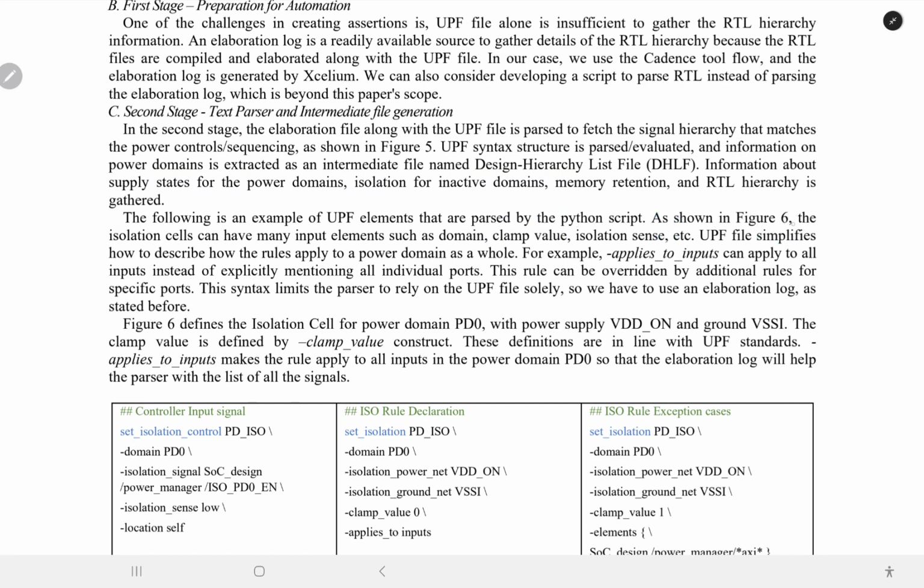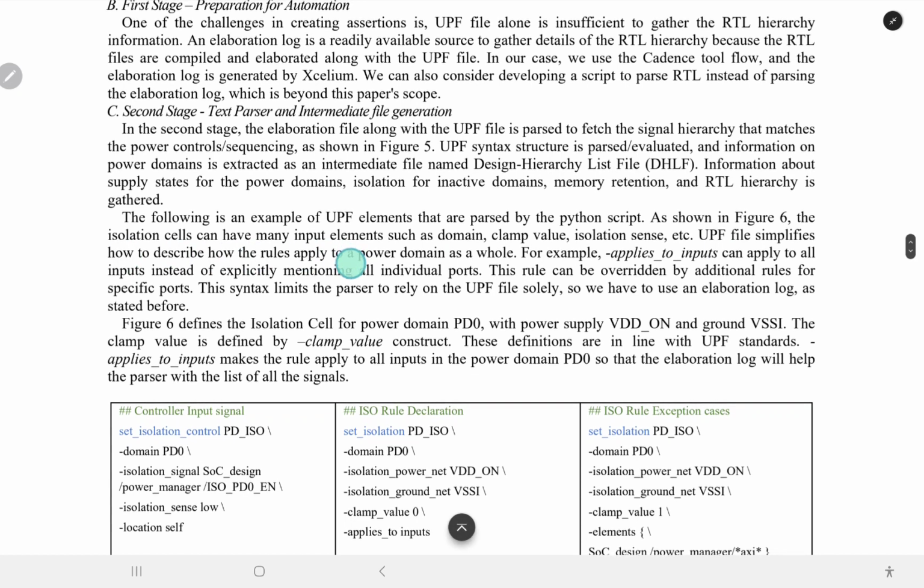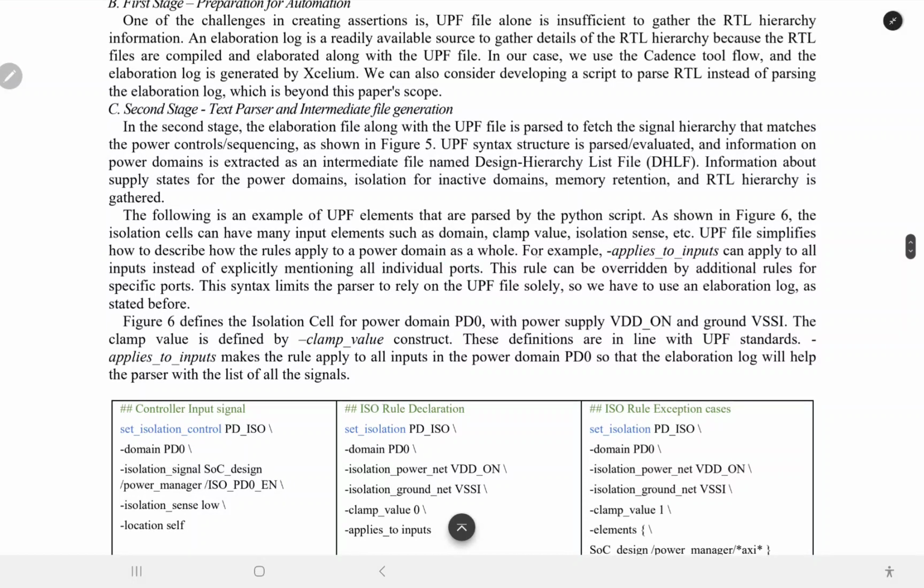As shown in figure 6, the isolation cells can have many input elements such as domain, clamp values, isolation sense, etc. The UPF file simplifies how to describe the rules applied in power domains as a whole.